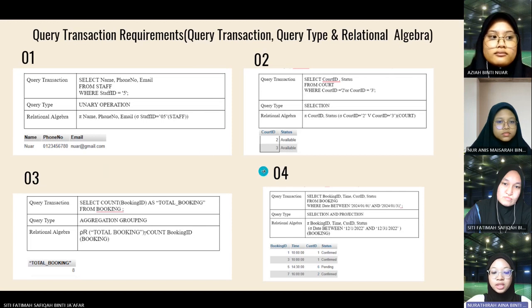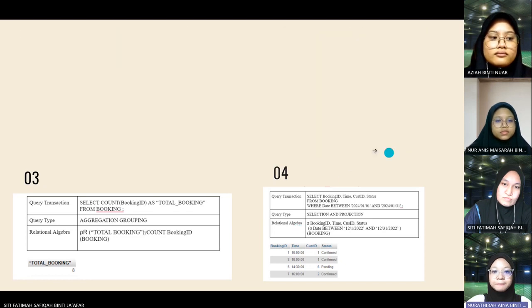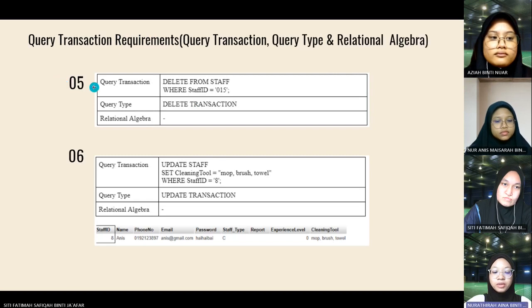Number 4 is to list booking ID, time, customer ID, and status of booking that are booked in January 2023. Number 5 is to delete staff information, and number 6 is to change or modify the cleaning tool for the cleaner. There is also the output of the result after we put in the SQL statement.